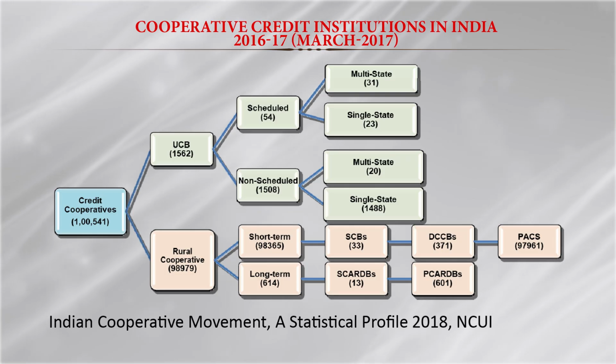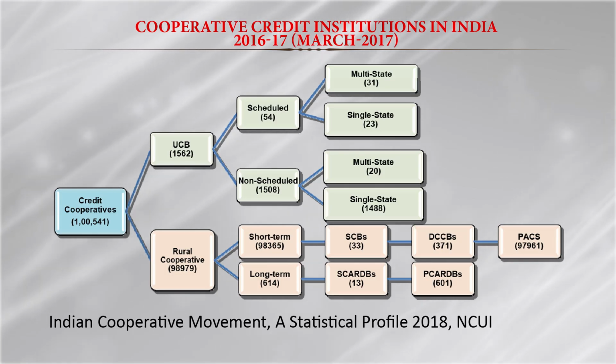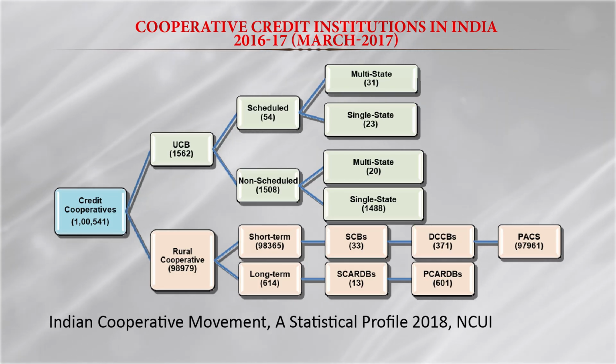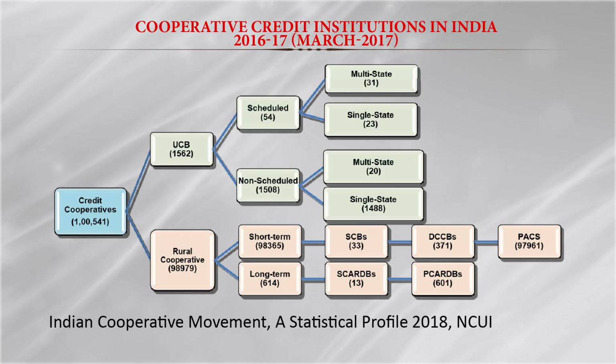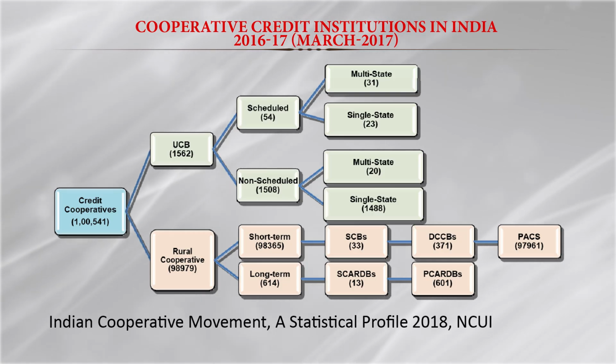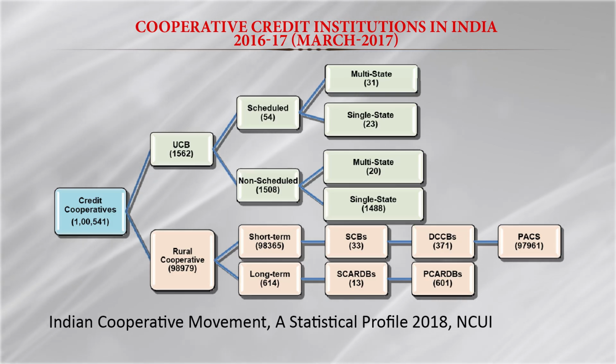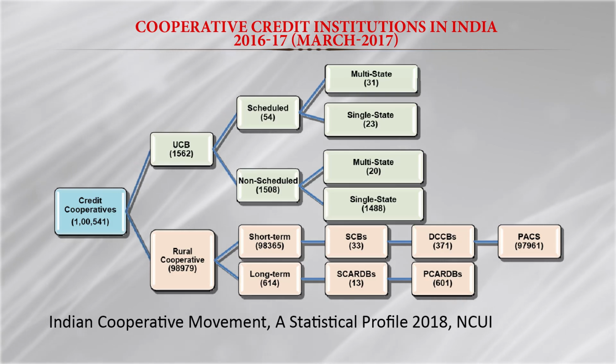And in case of non-scheduled, we have 1,508 urban cooperative banks. Again there are two types: the multi-state non-scheduled urban cooperative bank, and the single state non-scheduled cooperative bank, which are 1,488.